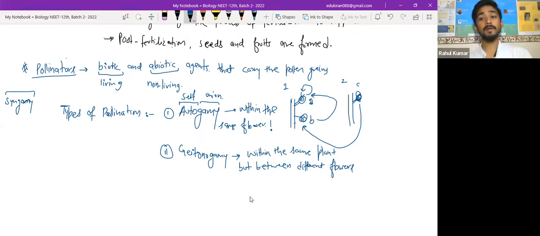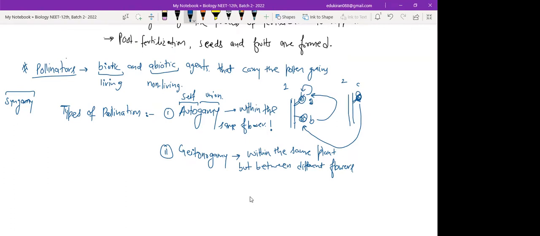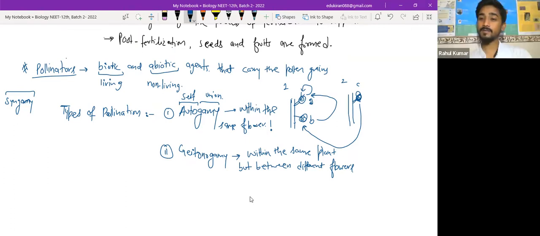But it becomes complex because I have already told you about grafting. Remember grafting? On grafting, we can actually make hybrids on the same plant. So there are different varieties of flowers on the same plant. And if from one anther to another stigma it is happening, it is equivalent to a cross pollination, but on the same plant. That's why this new term geitonogamy came.